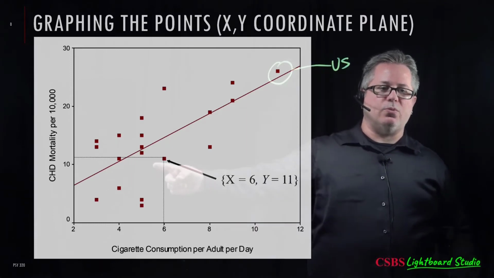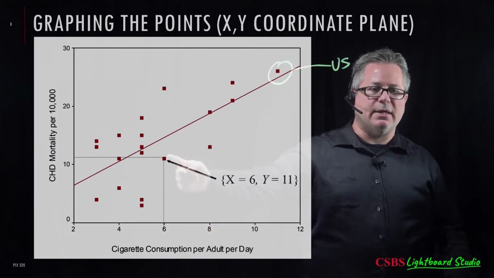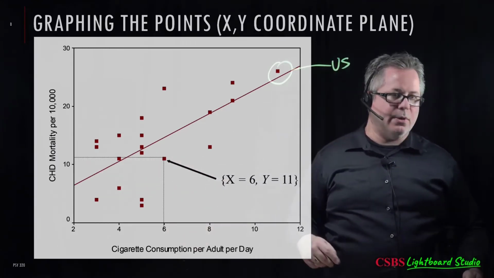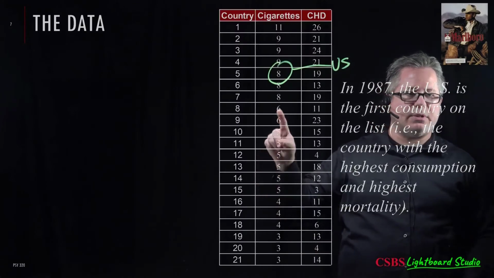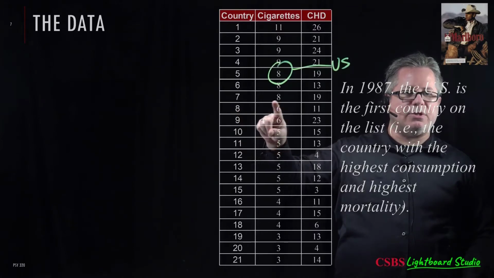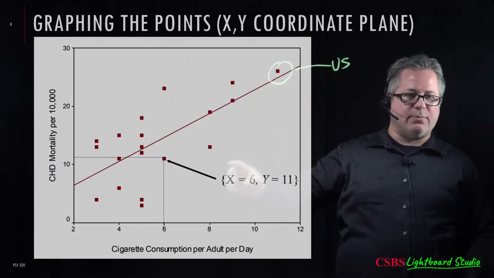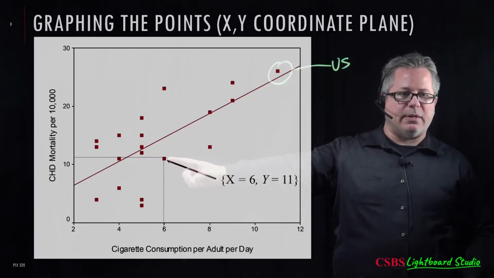But this particular dot here has got to be the country that has 6 and 11, so it's country 8. Whichever country 8 is, they have 6 as their average cigarette consumption per adult per day, and 11 deaths per 10,000. That's the point represented there.